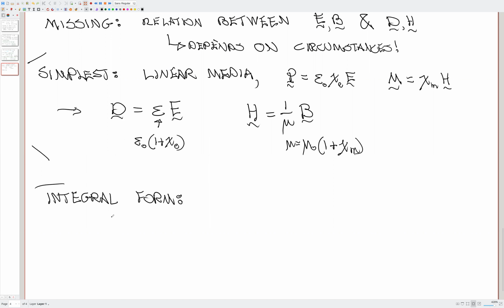We've got that by the divergence theorem: if I integrate over a closed surface the dot of the normal vector times dA, this is just a generalization of Gauss's law in integral form. I've got the total free enclosed charge. Okay? If I do the same with the magnetic field, then of course I've got the total free enclosed magnetic charge, which is 0.